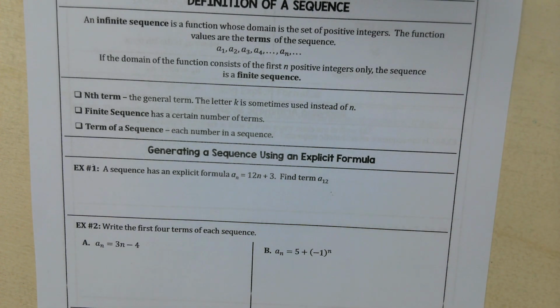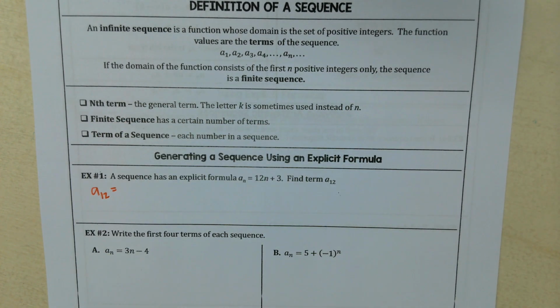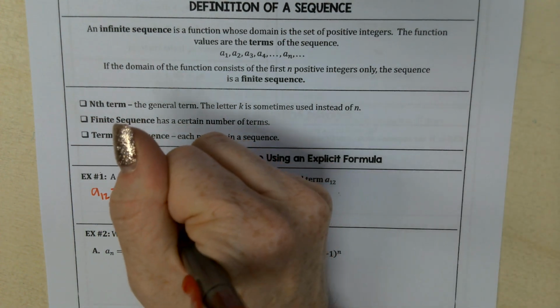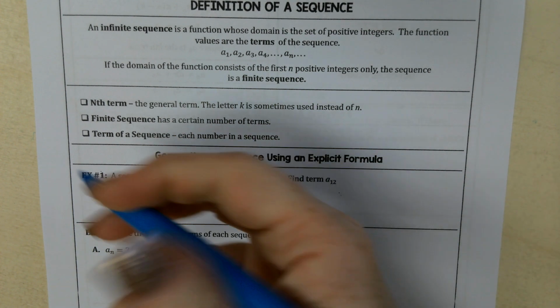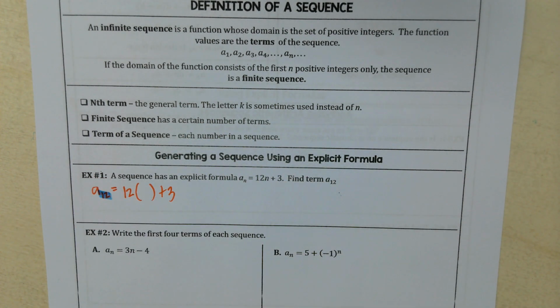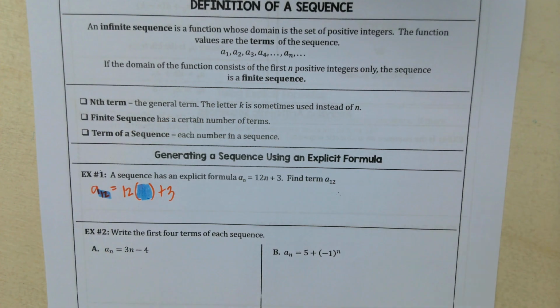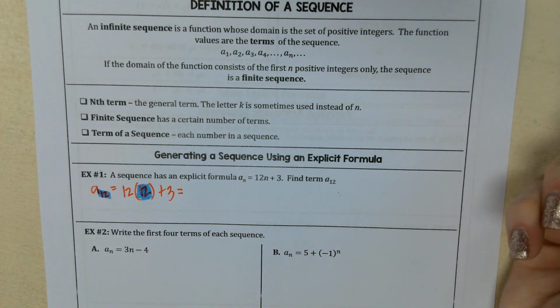So if I'm asked to find the 12th term, a sub 12, you have the sequence 12 times n plus 3. If 12 is my number right there, okay, I'm going to plug in the 12, and then I'm going to work it out.